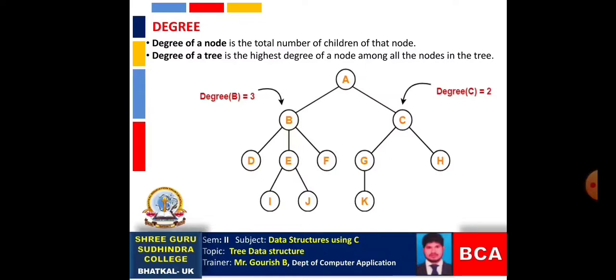In our example, the highest degree is 3, and the degree of node B is 3 because only B has 3 children. If you compare B with any other, A has only 2 children, and C also has only 2 children. So the degree of the tree is 3 because the highest degree of a node is 3.